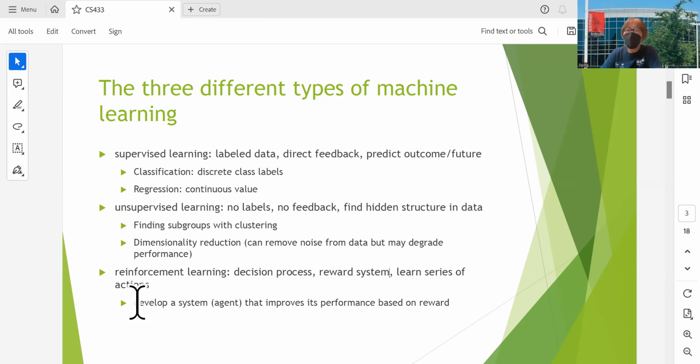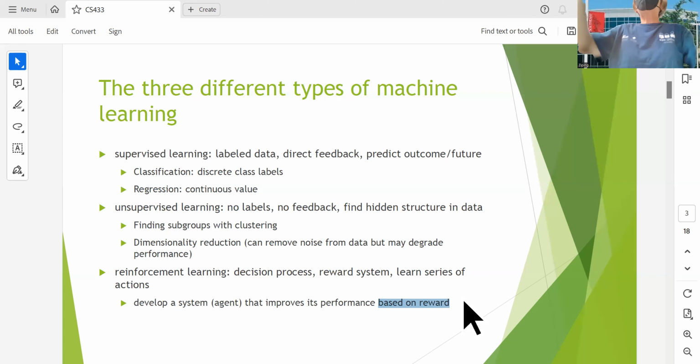You develop a system that improves its performance based on reward. Like a game, for example AlphaGo. Training AlphaGo involves the concept of reinforcement learning. So it's not just supervised, it's also reinforcement learning.